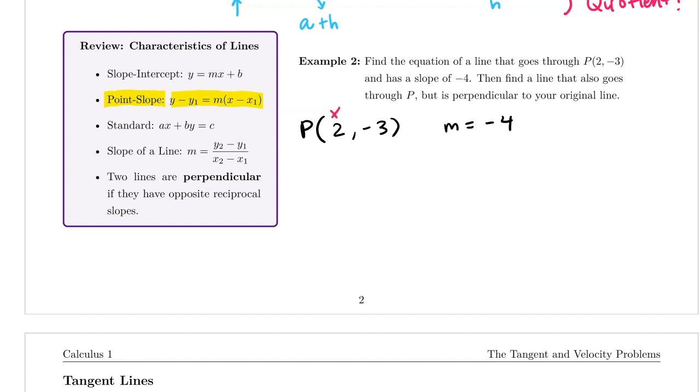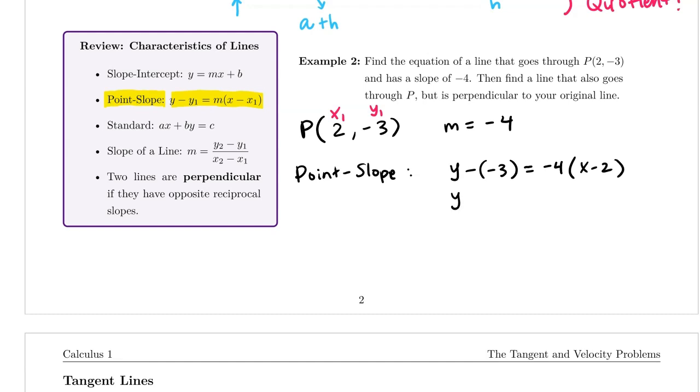Now I can label this x1 and this y1, and if I rewrite my line in point-slope form, I get y minus -3 is equal to -4 times x minus 2.